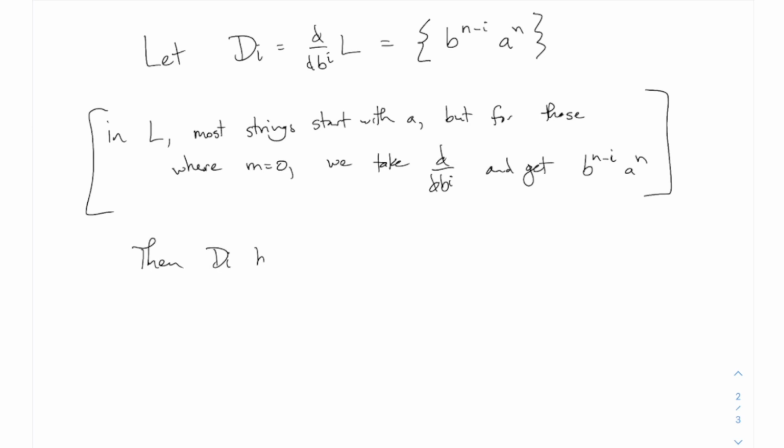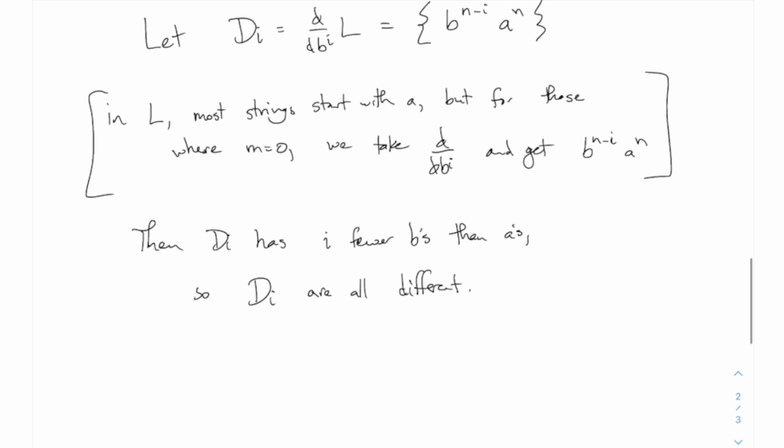Then D_I has, very much like all the other examples, I fewer B's than A's, and so the D_I are all different. Right? The end. A little tricky there.